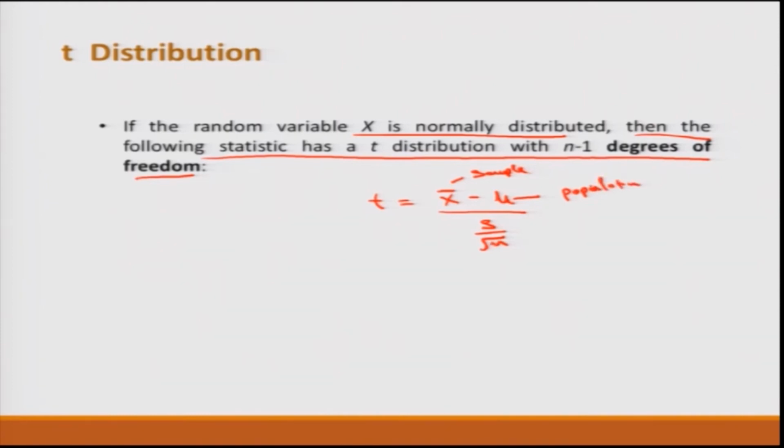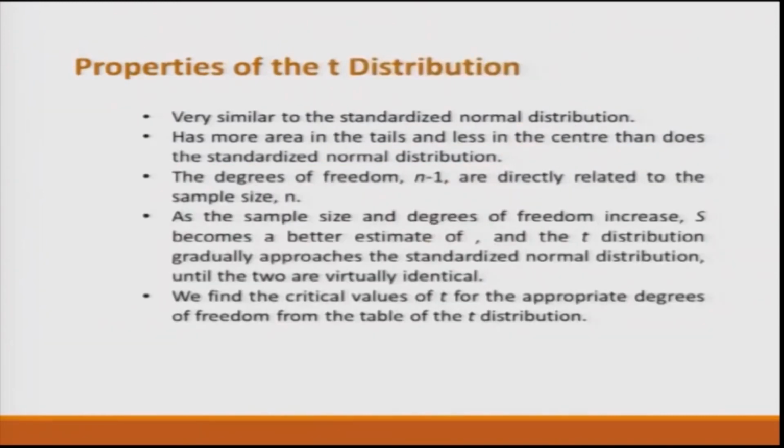Because it is for the sample, we have divided this by the square root of n. Very similar to the standardized normal distribution, the t distribution behaves. It has more area in the tails and less in the center than the standardized normal distribution.